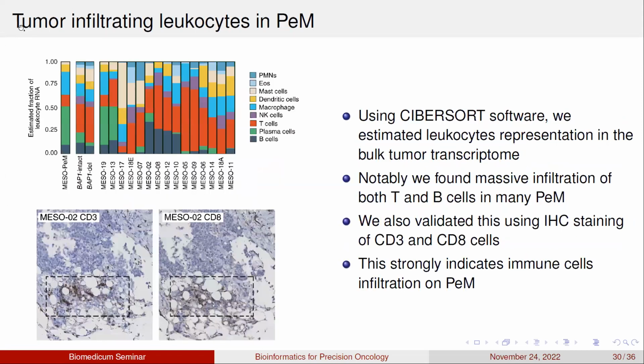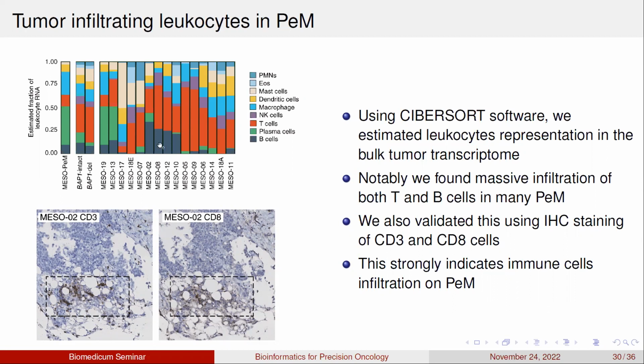So for this, we measured the presence of different immune cells using the gene expression data, and we used CIBERSORT software, which leverages the gene expression signatures of these individual immune cells and tries to estimate the proportion of different immune cell types that are present in the individual cancer types.